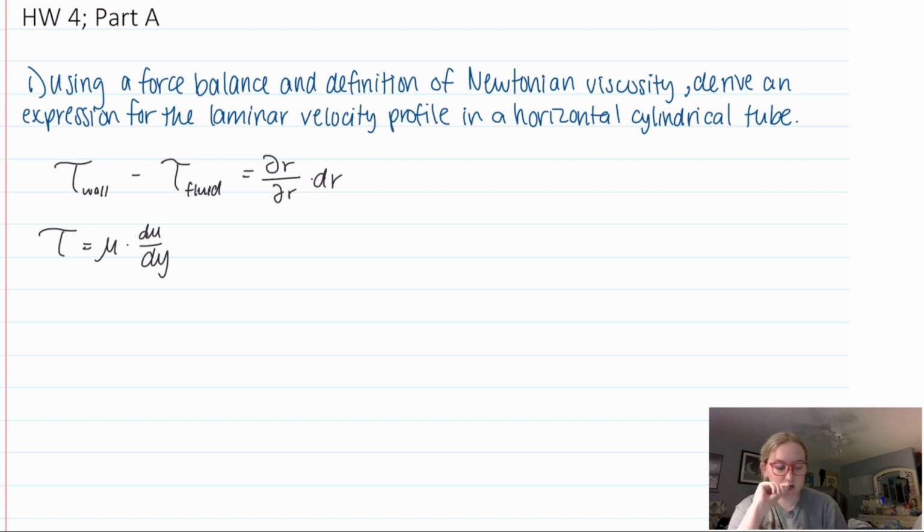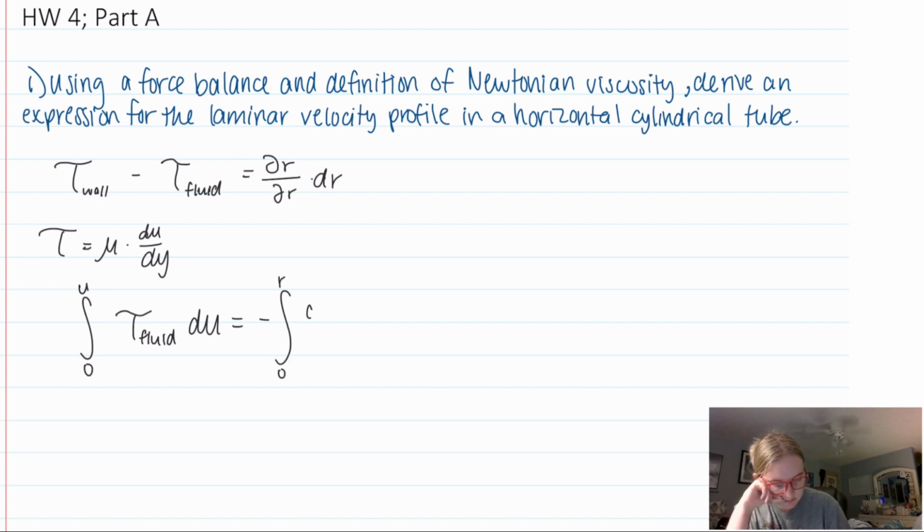So we would have the integral from 0 to u of tau fluid du is equivalent to the negative integral from 0 to r of dP/dx dr. It's not a d, it's supposed to be like that.